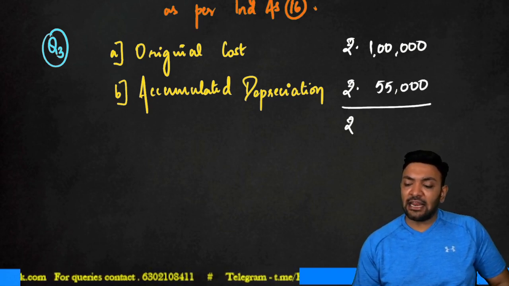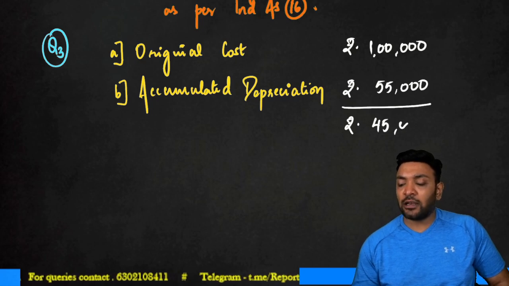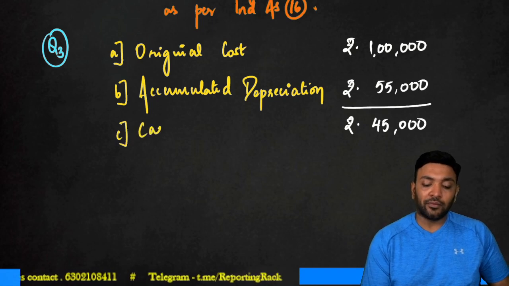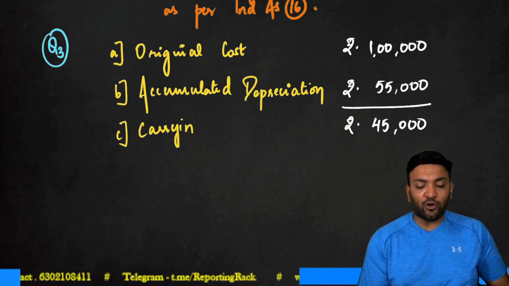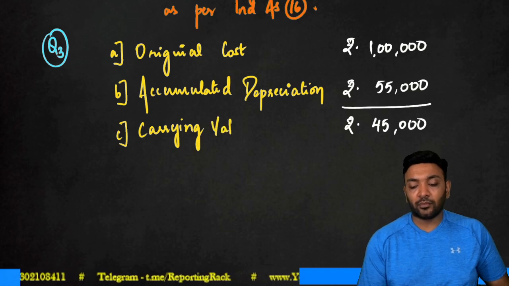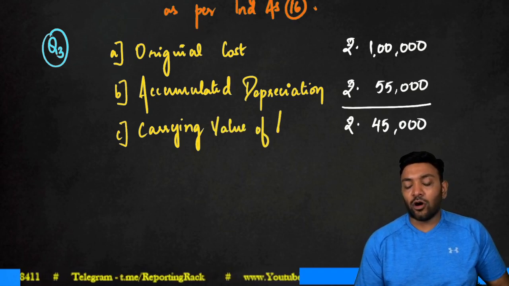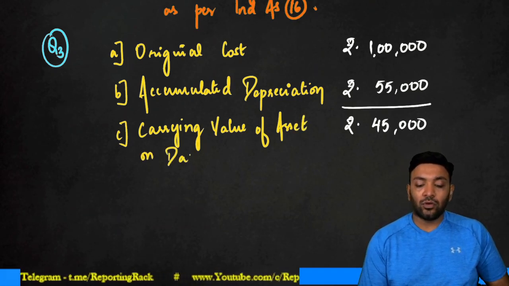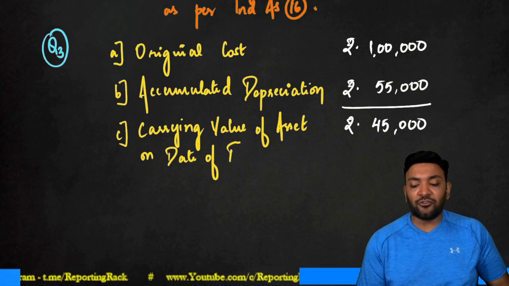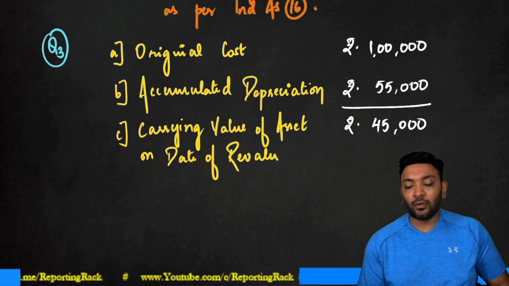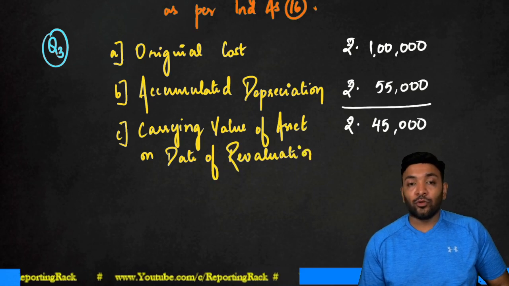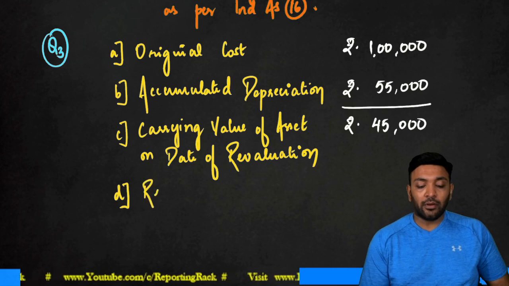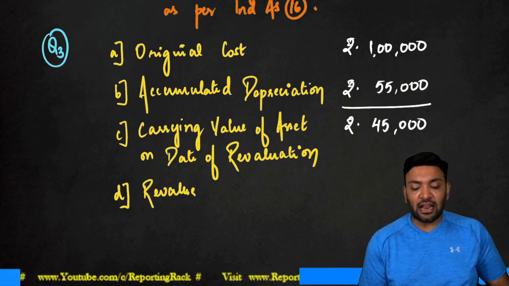Therefore, the carrying value will be 45,000 on the date of revaluation. Carrying value of asset on date of revaluation. What is the revalued amount? Revalued amount.